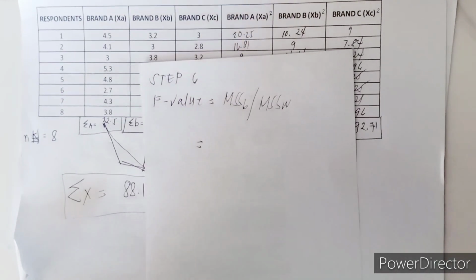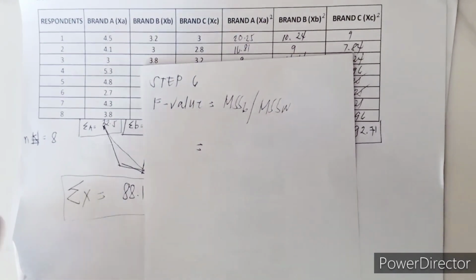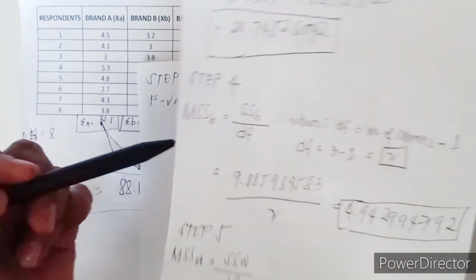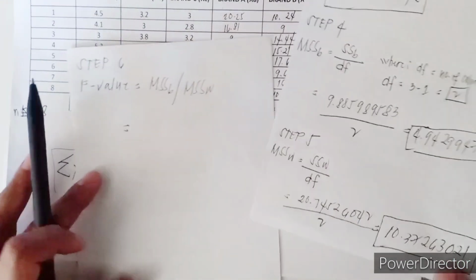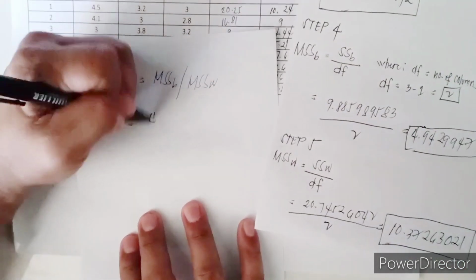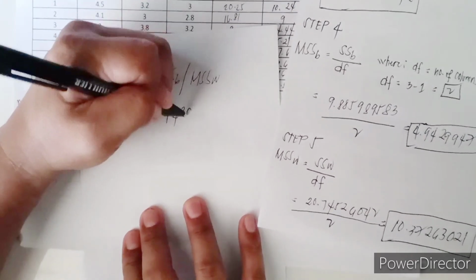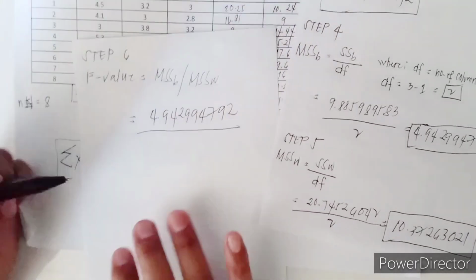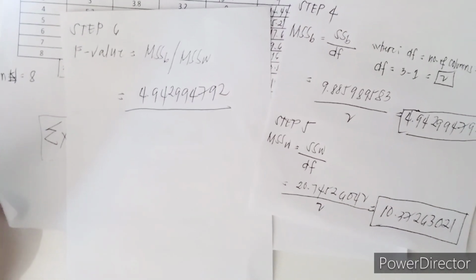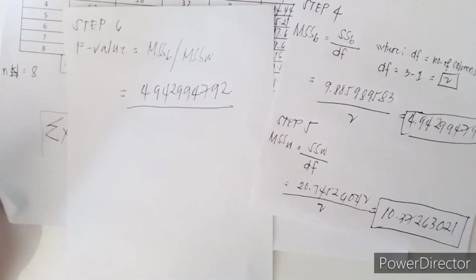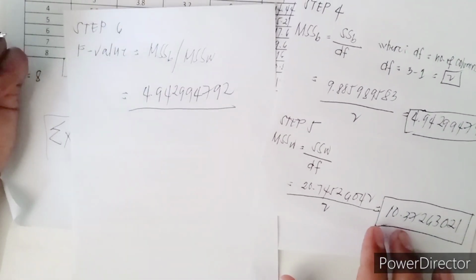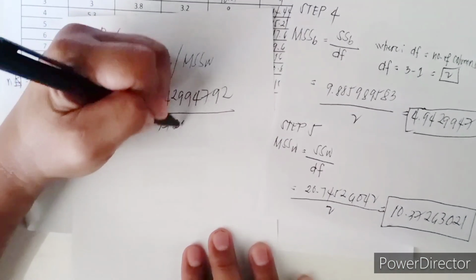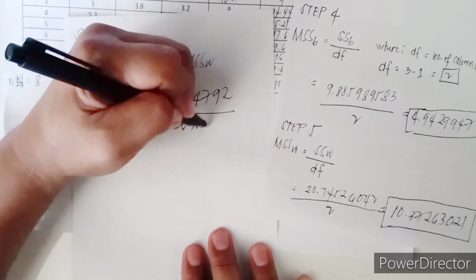And we are down to our last step. Finding our F value. Our F value is equal to MSSB all over MSSW. Nakuha na natin kanina ang ating MSSB and MSSW. MSSB is equal to 4.9429947 while our MSSW is 10.37263021.